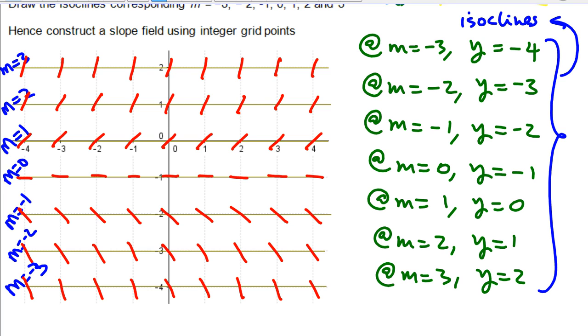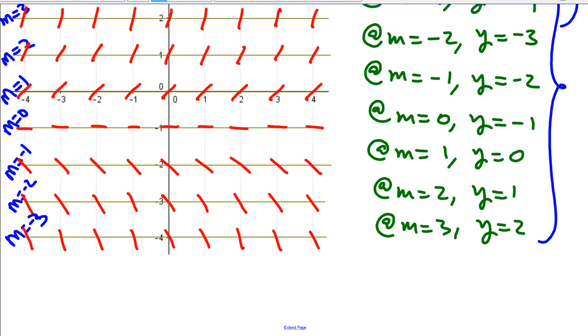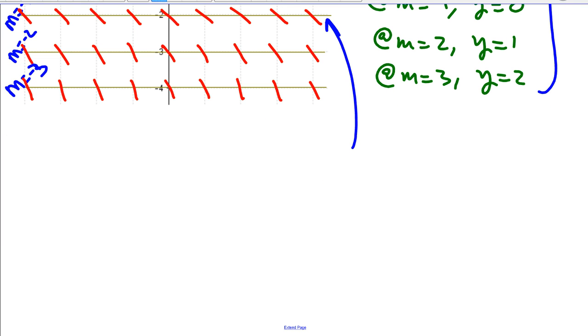And so what it means is that, for example, before I start drawing the graphs, let me just mention something here. For example, let me pick a random isocline, this one here. Use a different color. So for this one here, when a curve crosses this line, its slope must be equal to -1.